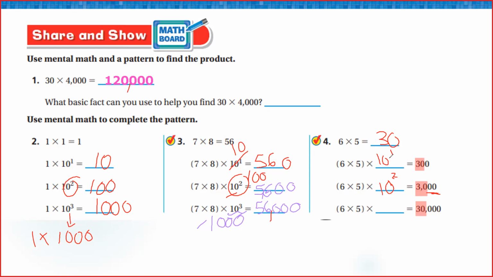Dina, 6 times 5 is 30, and here the answer is 30,000. So how many zeros did you add now?